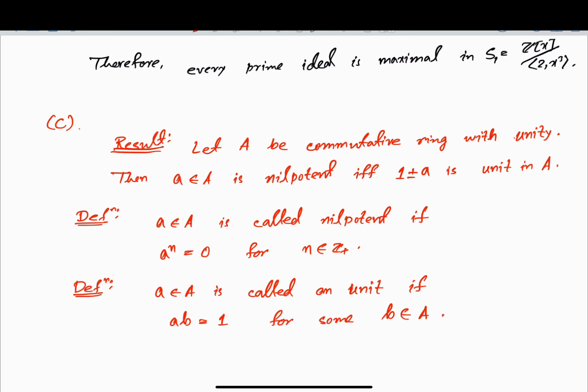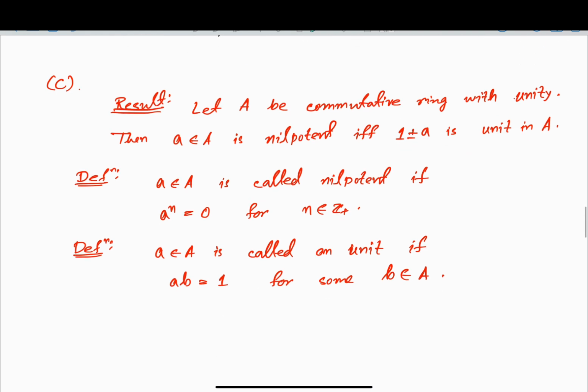So these are the definitions for nilpotent and unit elements in a ring. And what this result is saying is that in a commutative ring with unity, an element is nilpotent if and only if 1 plus or minus a is a unit. So we'll use this to conclude our result.